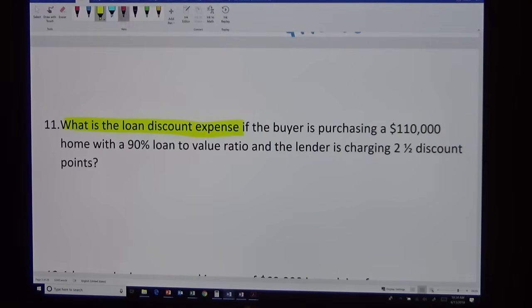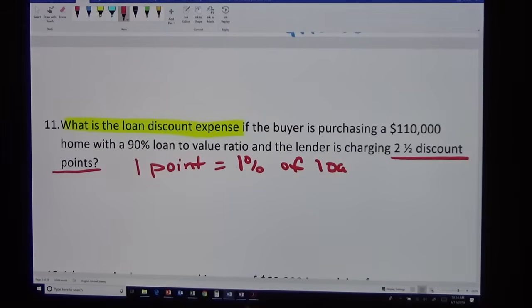Well, we know that each discount point, 1 point, equals 1% of the loan amount. So we know 2.5 points is going to be 2.5% of the loan amount.